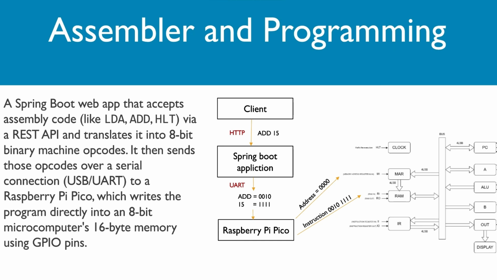On that Raspberry Pi Pico, we have a basic firmware which just receives these binary instructions, and according to the instruction, if it is the first instruction, the address will be set to 0 by the Pico itself, and then this instruction will be set on the RAM which is on our computer. So on the specific address, the specific instruction will be written.